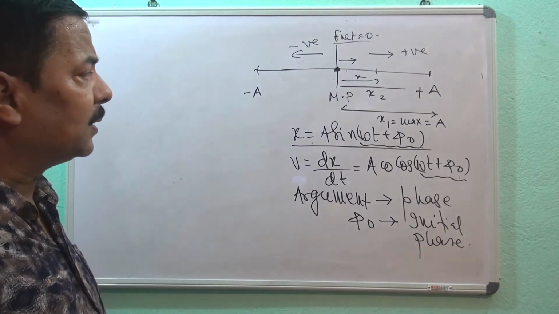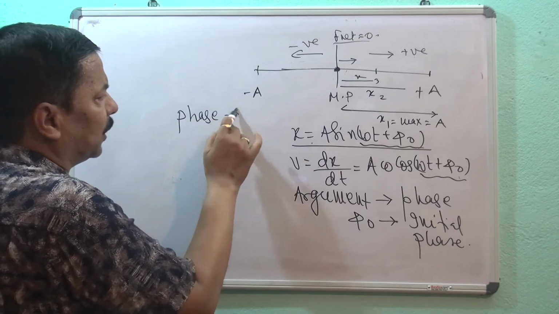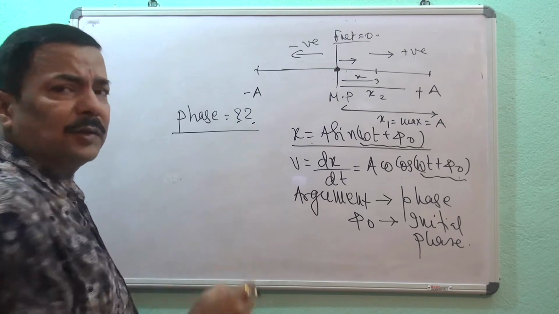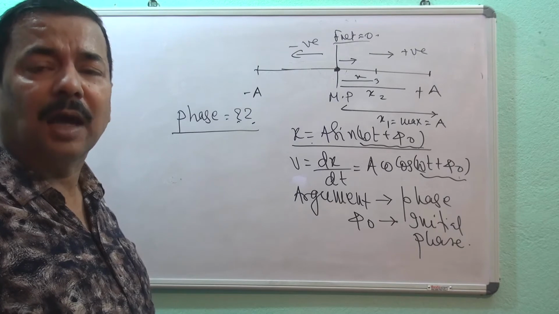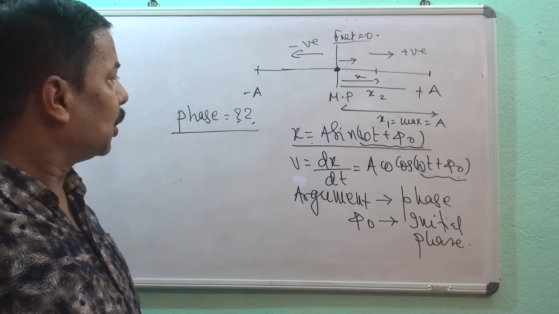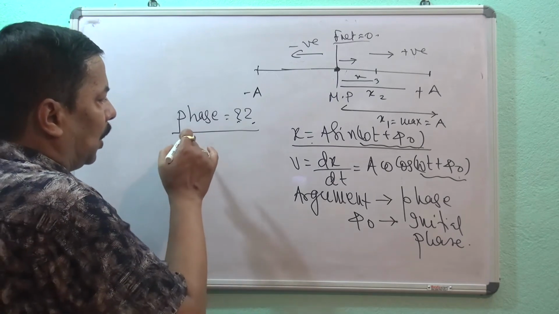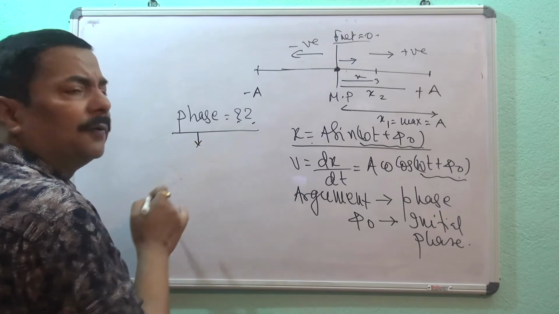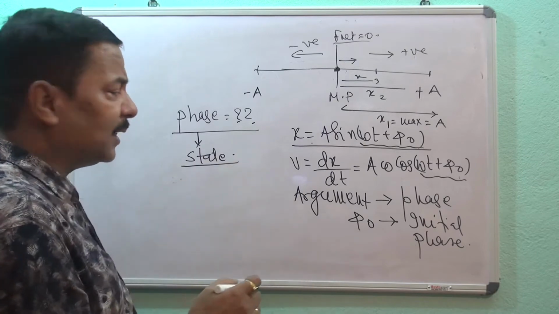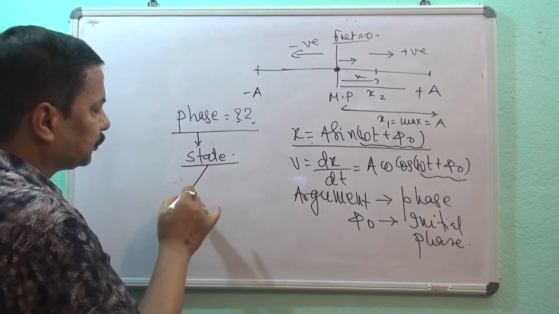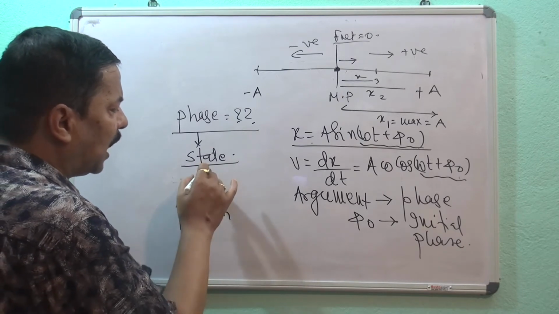Now the question arises, what is phase? Phase represents which quantity? If the meaning of phase is not clear to the student, he has problems in wave optics also, in sound also, in AC also. So first, clarity of concept is required. Phase gives complete information. It tells the state, and this state includes position also, and velocity also.